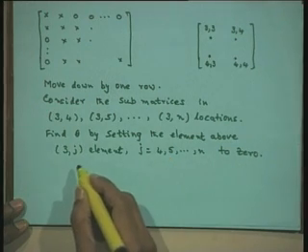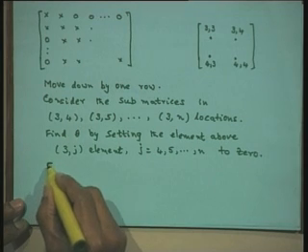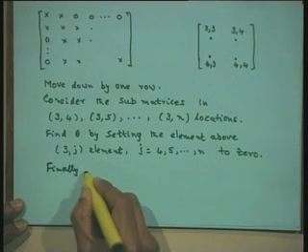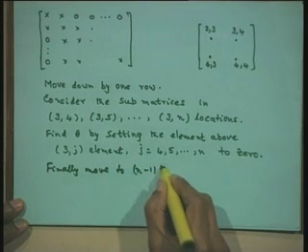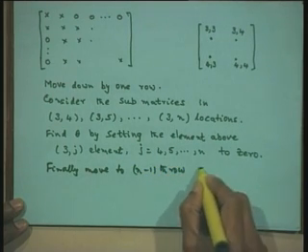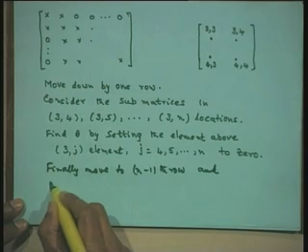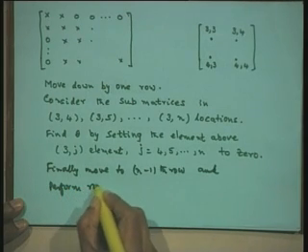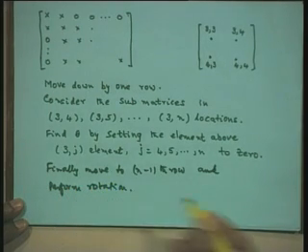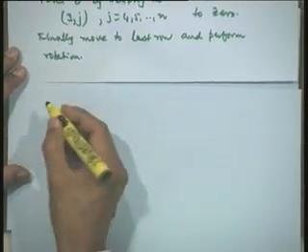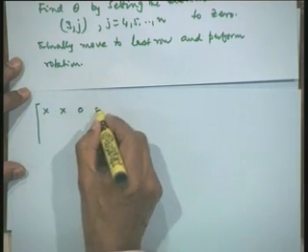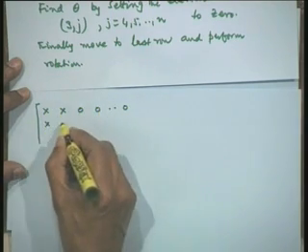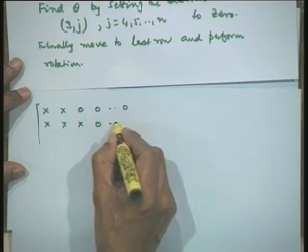Finally, move to the n minus 1th row and perform the rotation. If I do this, then the matrix has been reduced to an element here, we have now made all these zeros, and all these have been made zeros.